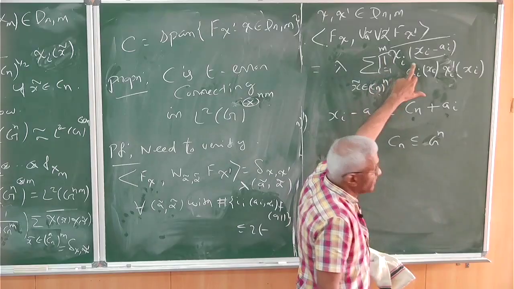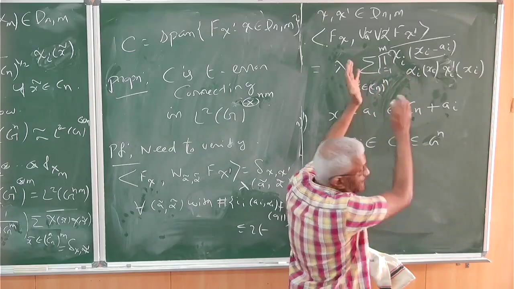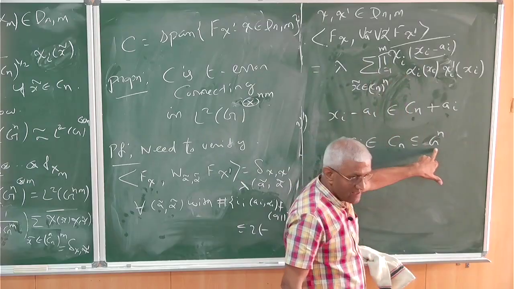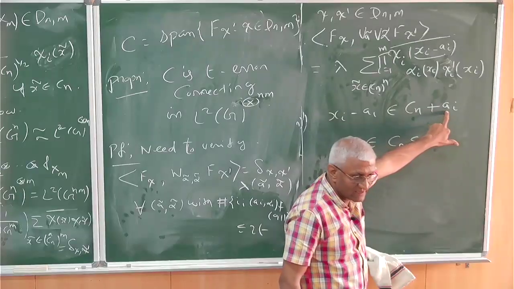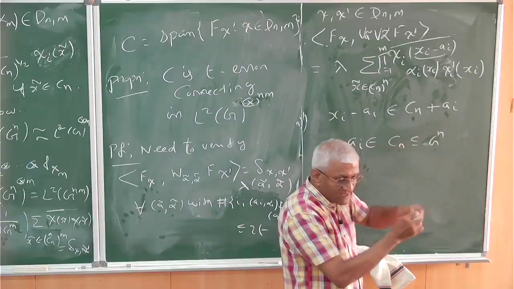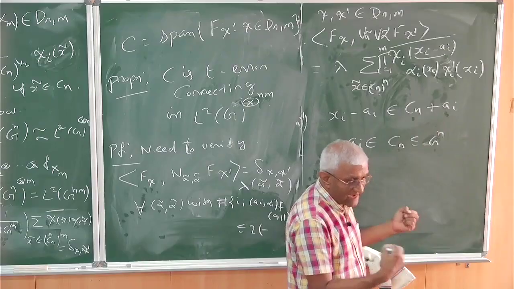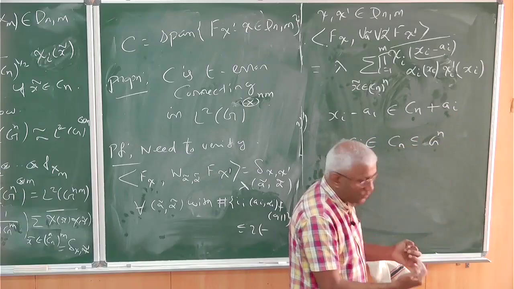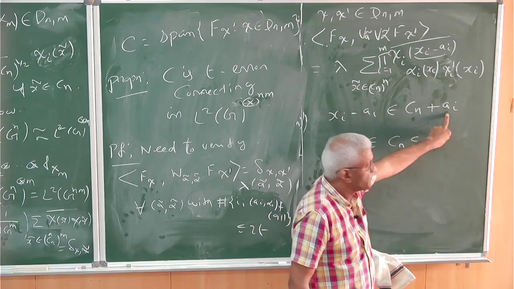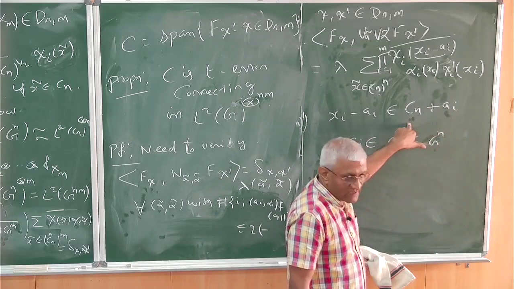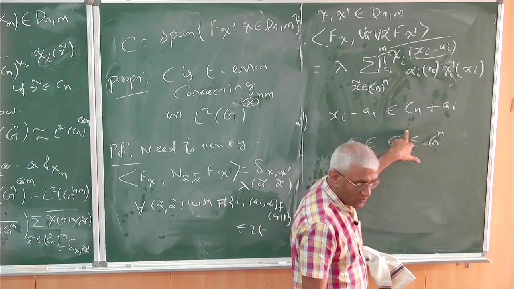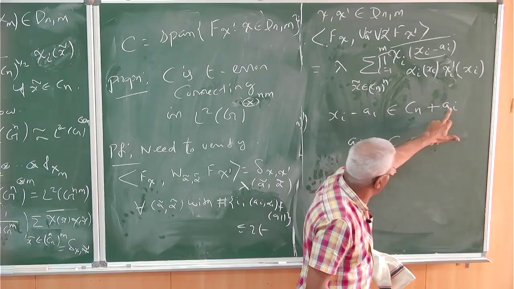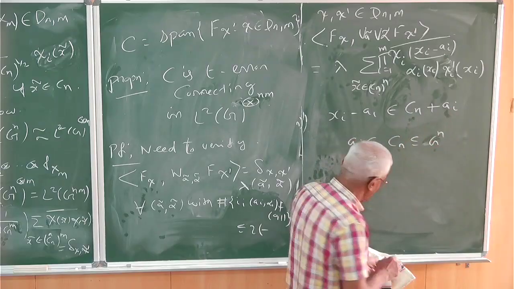We are using only m, but the whole thing is happening in the nm tensor. So this C^n is in G^n, and each A has n coordinates. The number of coordinates which are not 0 in A is less than or equal to 2t. In C^n, the number of things not equal to 0 is greater than or equal to 2t plus 1. So C^n plus A is not in C^a.